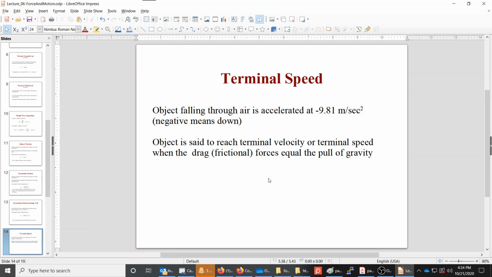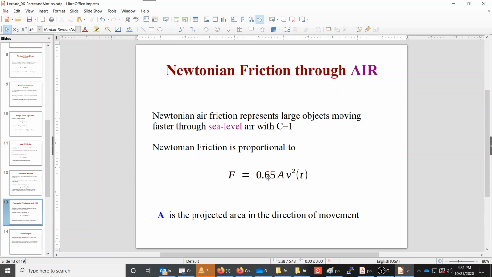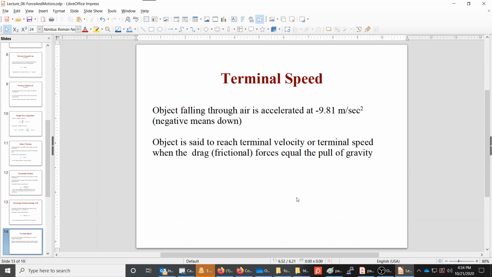And so you're moving through the air at this speed, which is controlled by the area and your drag coefficient. Again, we're assuming a drag coefficient of 1, but your drag coefficient plus the cross-sectional area that you're presenting is controlling that speed.